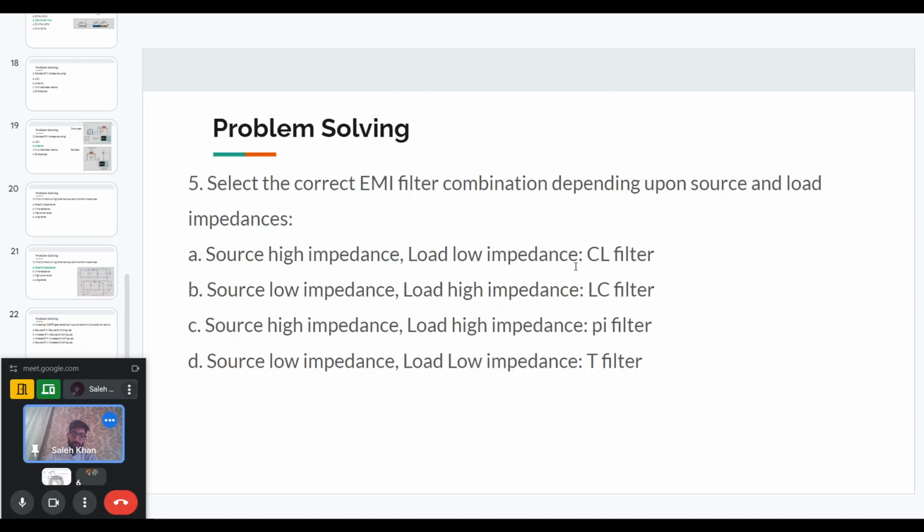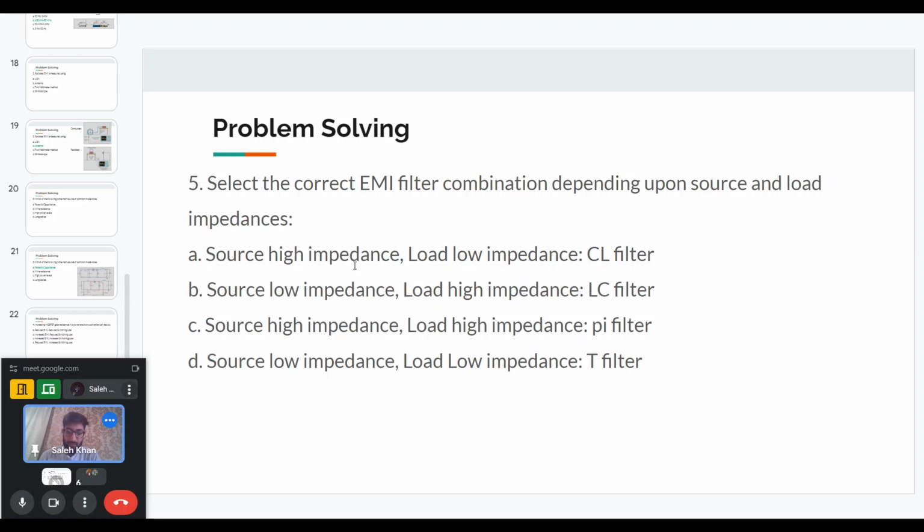In this case, for example, if it is a CL filter, that will mean the C is connected to the source and L is connected to the load. Keep in mind we want to have the impedance mismatch. So if C is connected to the source and the source has high impedance, whatever is connected to the source should provide low impedance. That is the kind of combination that we will prefer.